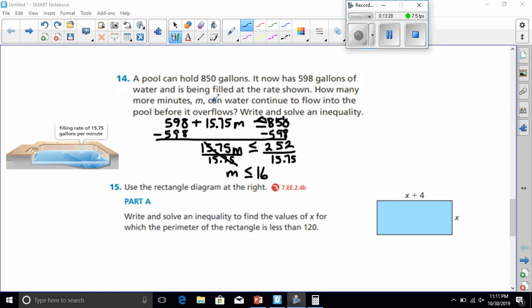Now looking at this as the answer for this question, it says how many more minutes can the water continue to flow into the pool before it overflows? So 16 more minutes, right? Actually, let's write that correctly.